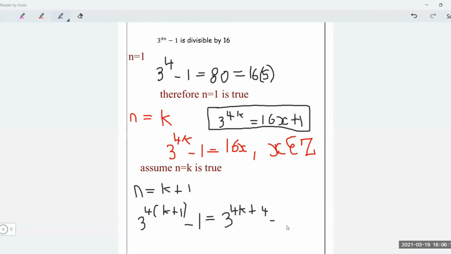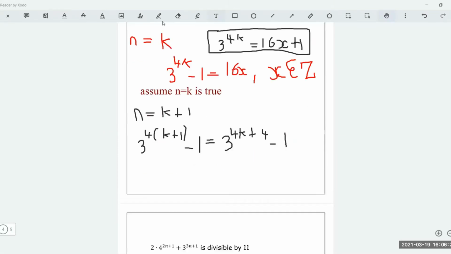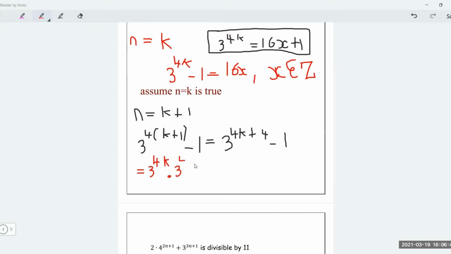Nice. Now, by laws of indices, we know that we can separate the bases. This can be written as 3 to the 4k times 3 to the 4, minus 1.